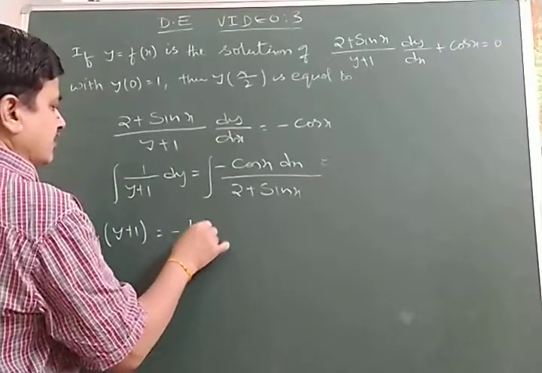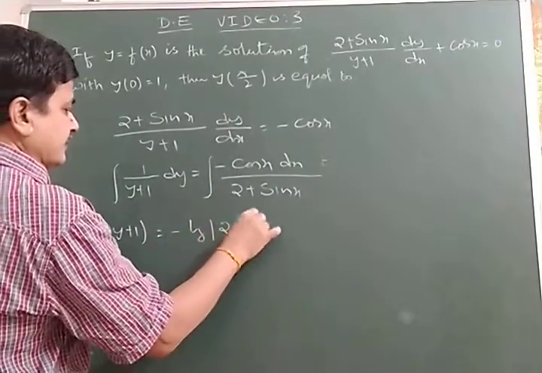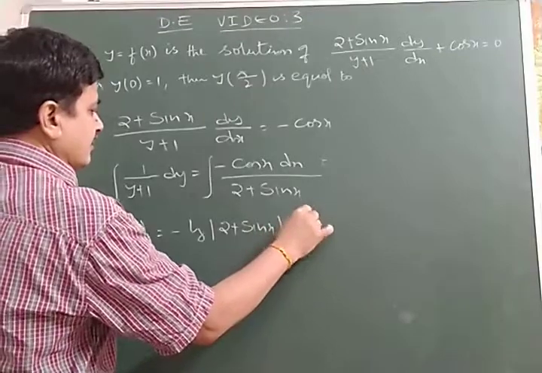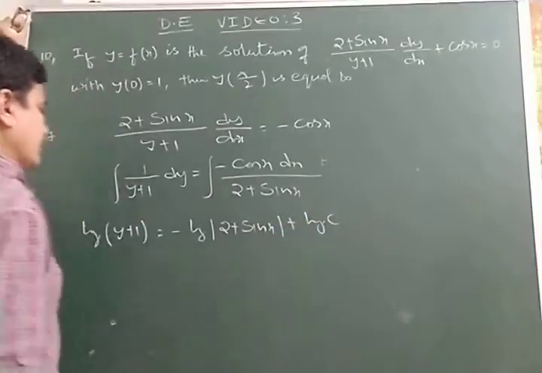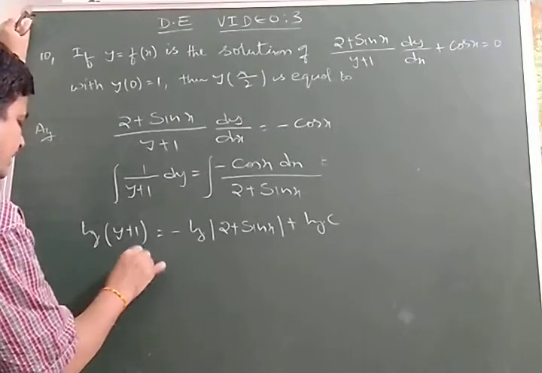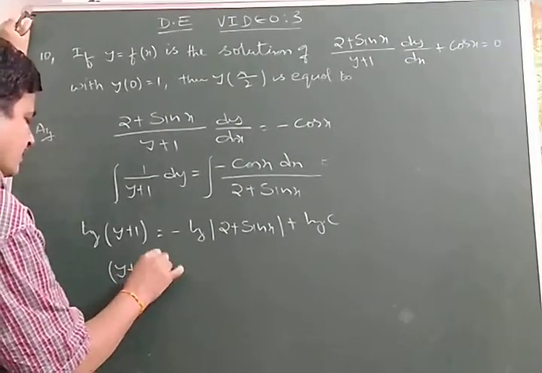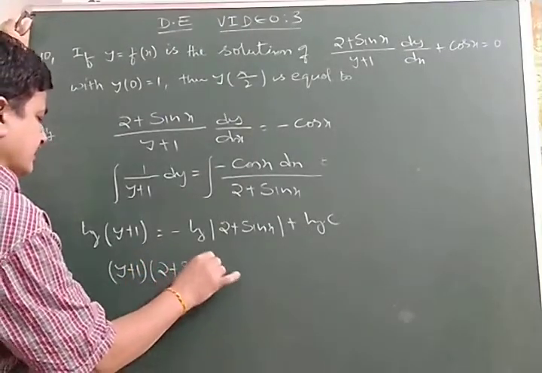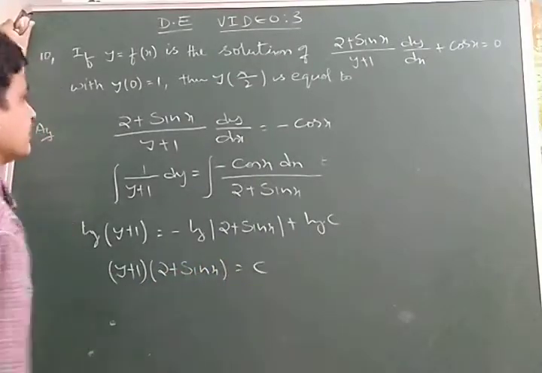So -log|2 + sin x| + log c. Now this is (y + 1)(2 + sin x) = c.